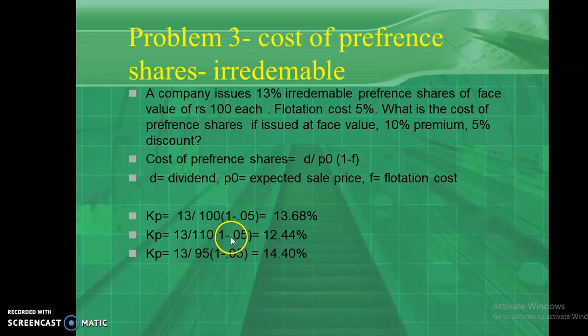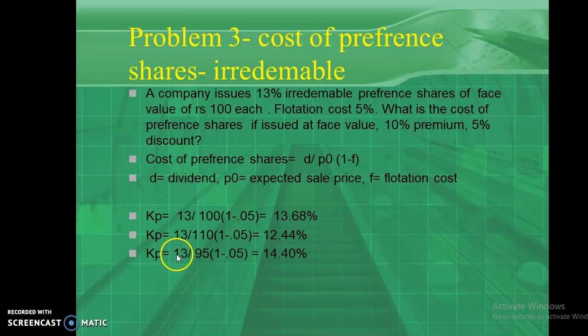So 110 into 1 minus flotation cost 5 by 100, 0.05, close the bracket, equals 12.44%. So this is the cost of preference shares when the company issued the preference shares at 10% premium.